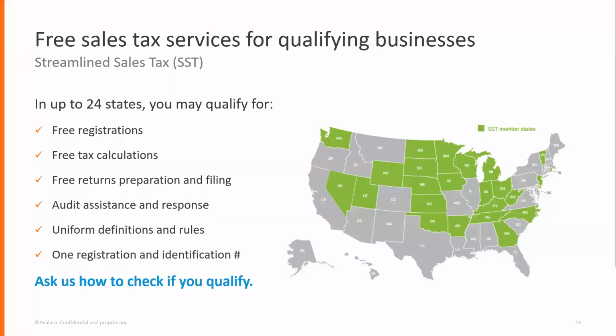But basically, if you are selling into one of these states, there's a couple of factors, but the two main ones: if you don't have over $50,000 in payroll, or you don't have over $50,000 in goods, either stored in your warehouse or a third-party warehouse in that state, you're typically going to qualify. And when you qualify, those states will actually pay for you to automate.